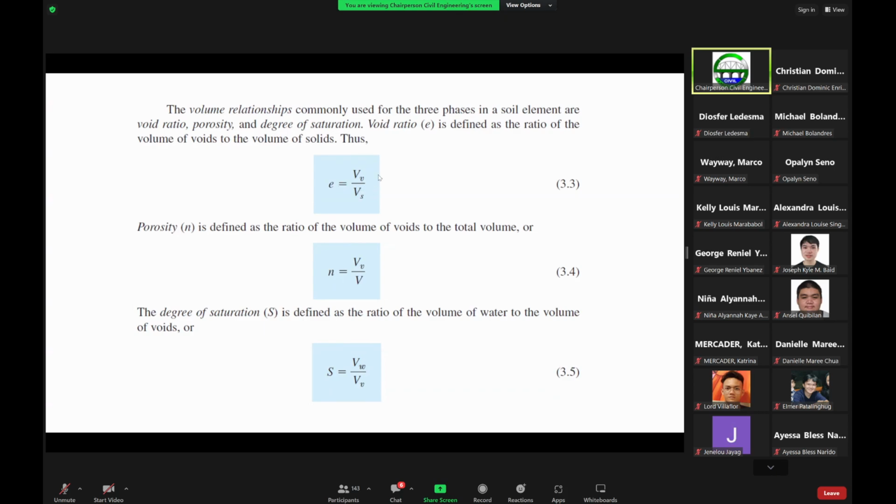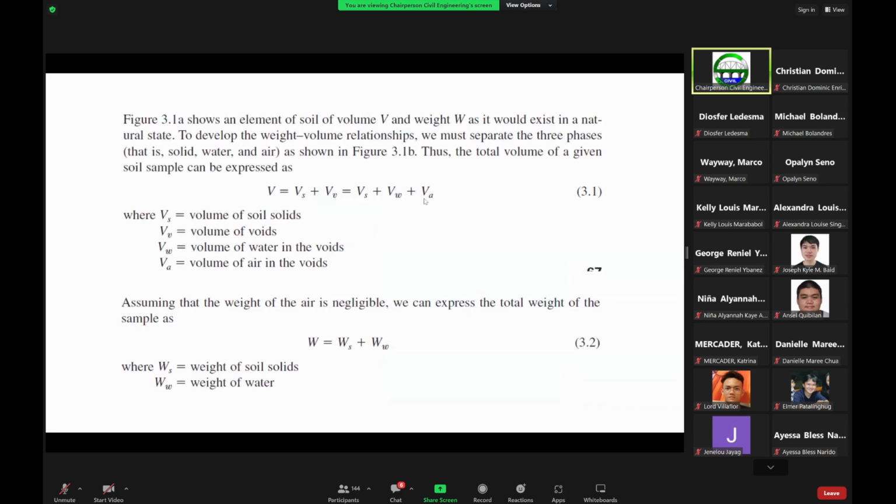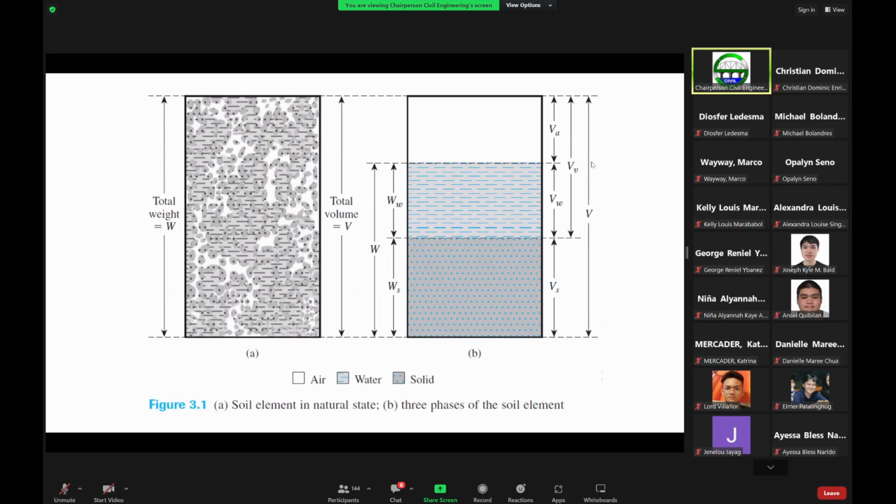In equation form, the void ratio is equal to the volume of voids over the volume of solids. If we go back to the figure, the void ratio is the volume of the voids over the volume of the solids. That's the void ratio, the small letter e.